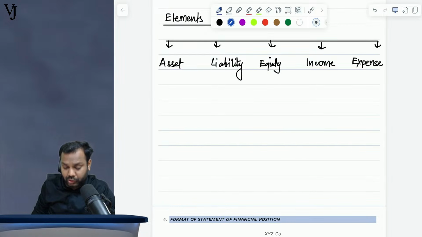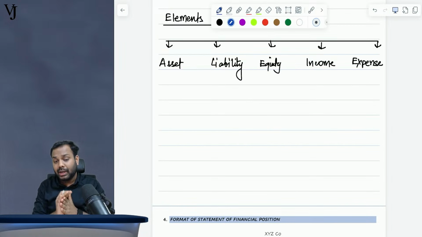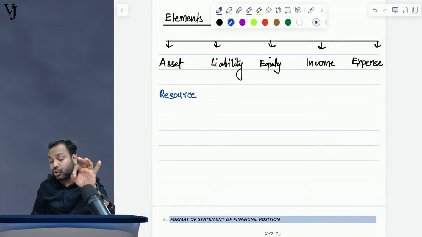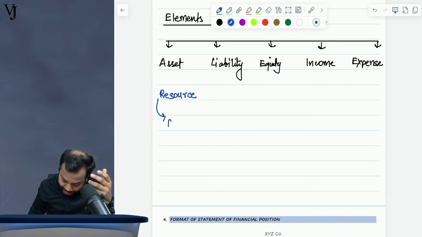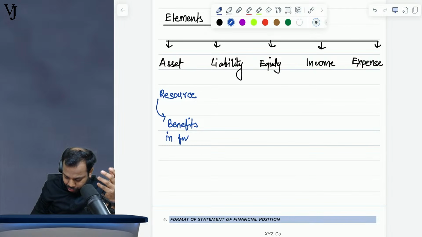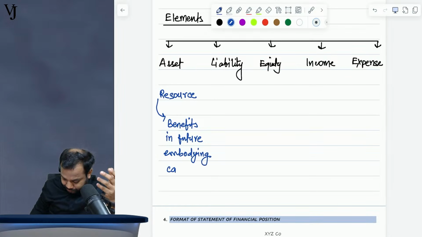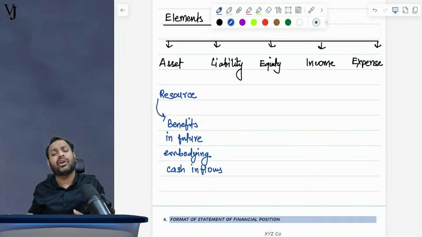The standard says an asset is a resource which will give me benefits in future, embodying cash inflows, or you can say future economic benefits.